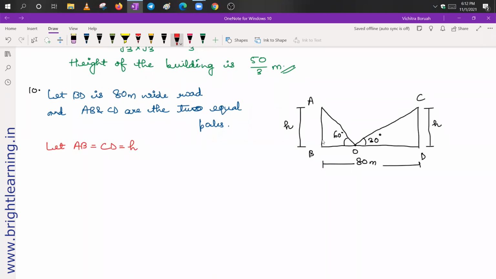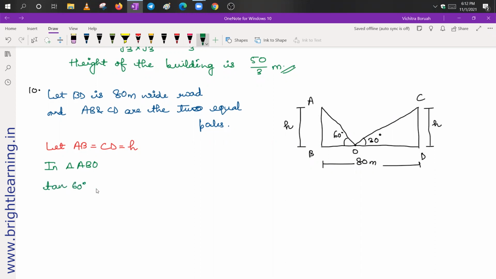So first we will consider triangle ABO. First, let us take this triangle here. So now in triangle ABO, because this angle is given, we will take the perpendicular and the base here. So we will use tan 60 degrees.